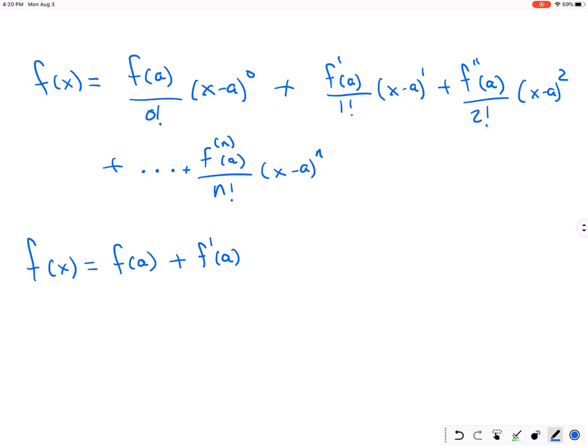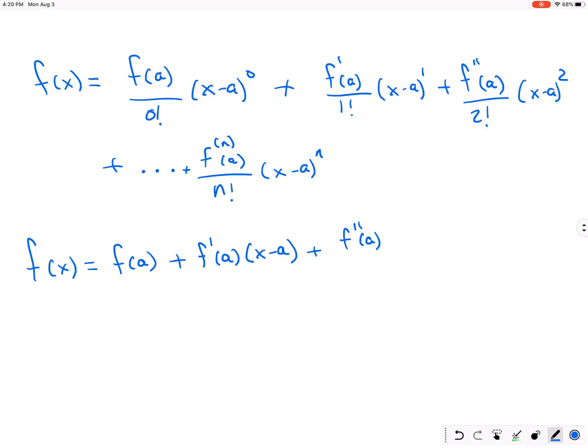Then the second term would be the first derivative evaluated at a, and that's being divided by 1 factorial, which is 1. And then x minus a raised to the 1, we usually don't write that part, so just x minus a.